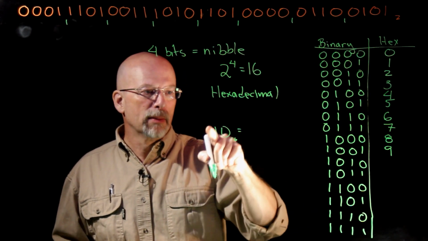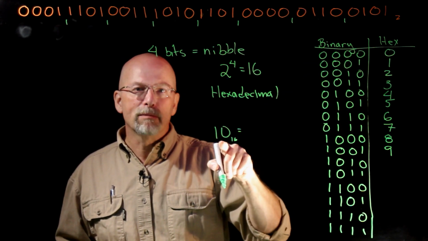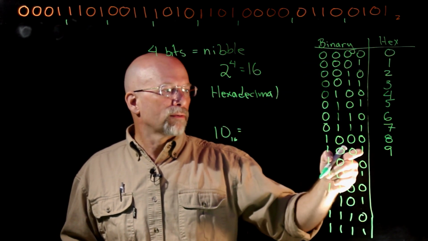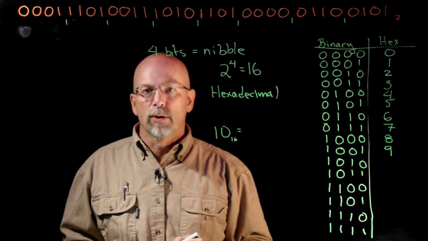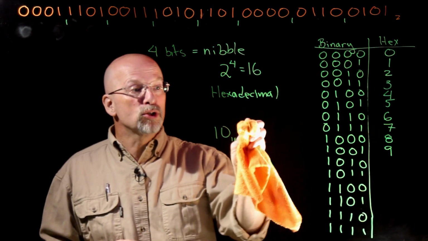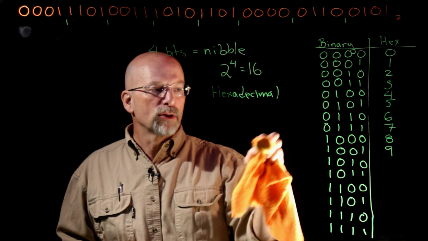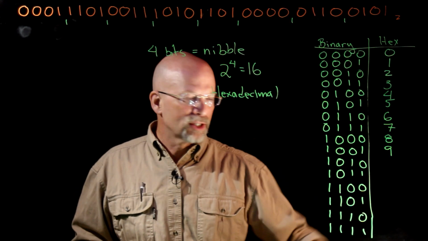Would it be the nibble 1 followed by the nibble 0? In other words, would this be 8 bits, or would it represent the 4-bit value 1010? You can't tell. So we have to come up with unique new symbols in order to represent those values, actually all 6 of these.